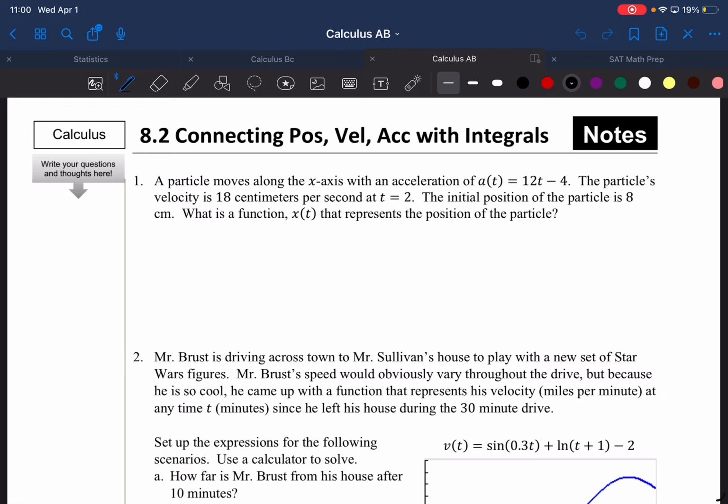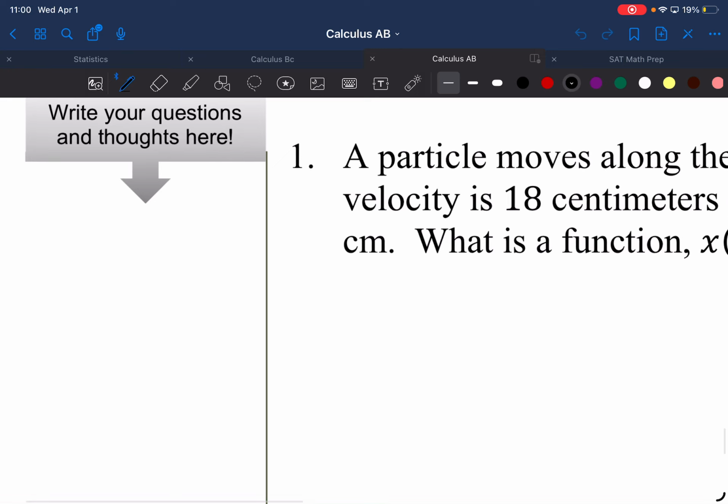Okay, so remember when we were doing derivatives, we started with the position function, which in this case is represented by x of t. Off in the margin, I'm going to write a couple of notes. This is our position function.